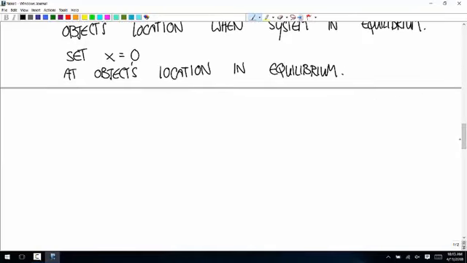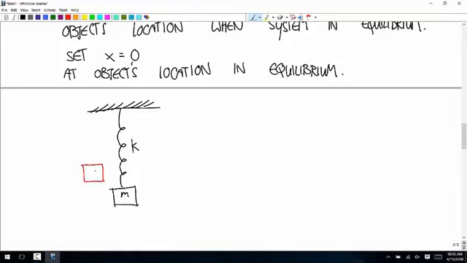Equilibrium is if it's just hanging there and you don't have any acceleration, the object's position.